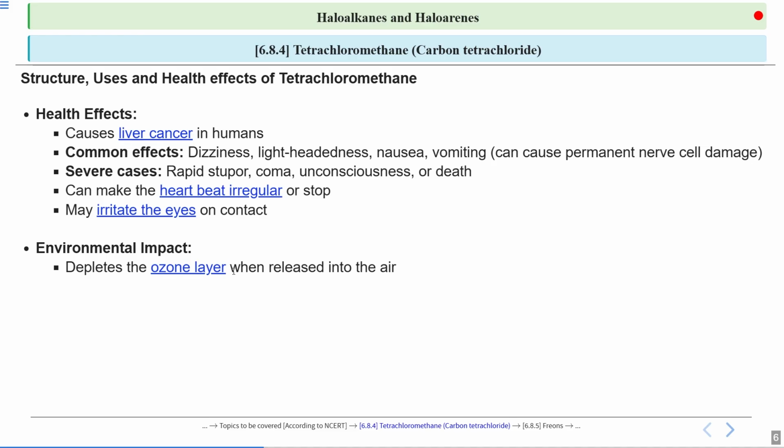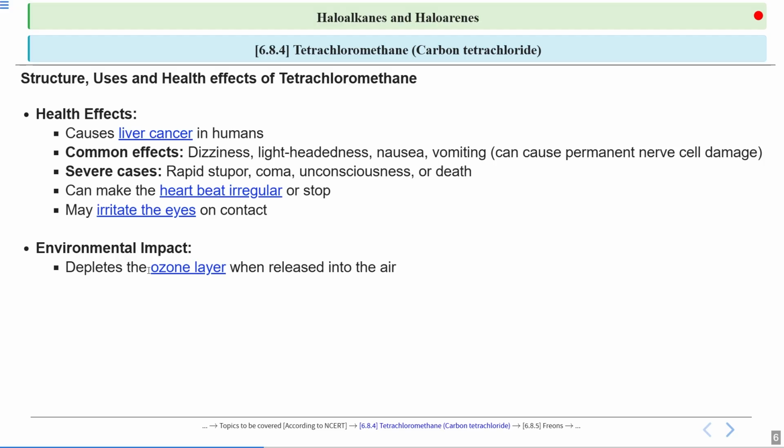So what does this ozone layer do? It protects the earth. This layer protects people from coming in contact with ultraviolet rays, which are so harmful and can cause skin cancer or skin damage.